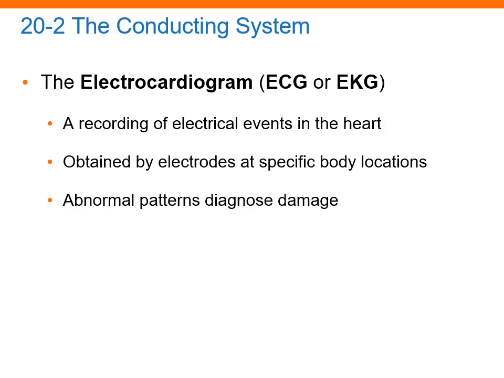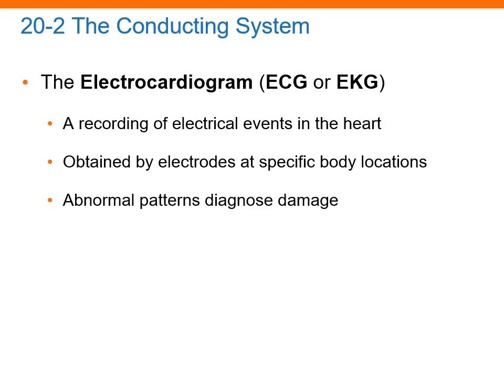The EKG is obtained by electrodes at specific body locations. Experts can look for abnormal patterns to diagnose damage. There are a lot of computer programs, I believe, that can very quickly identify problems with the EKG, so that doesn't have to be done manually every time.